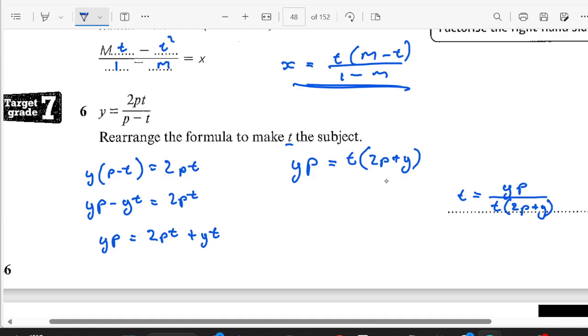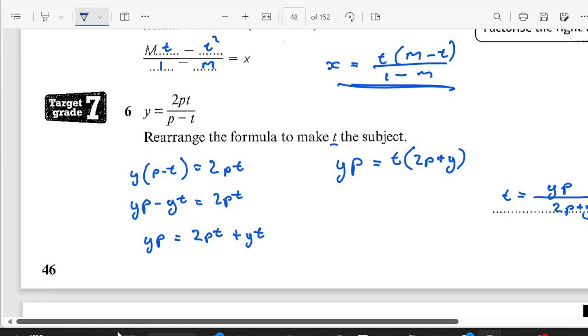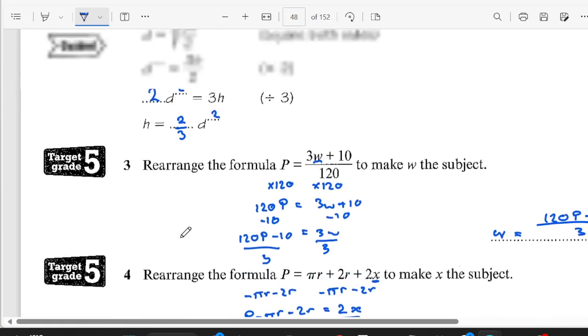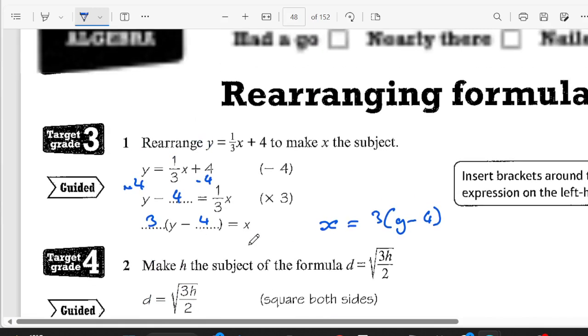For some reason, when I divided through, I missed that off, and I don't really need my bracket, and I've lost a 2, so that would be the correct answer. Okay, so that is topic 46, rearranging formula.